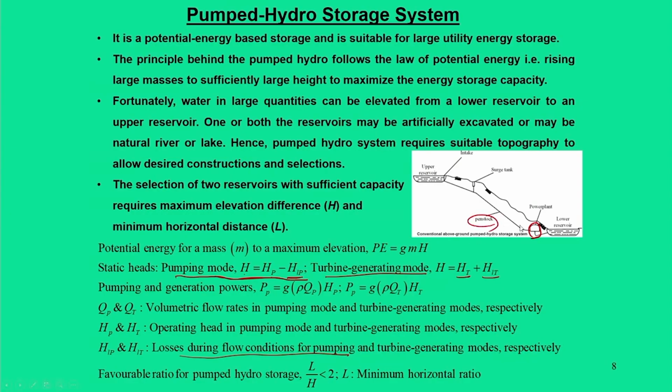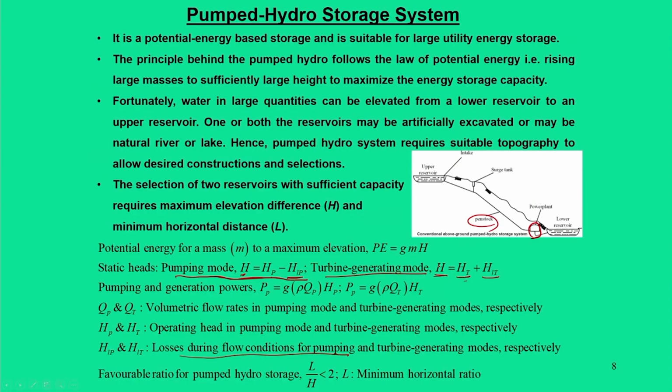During pumping mode, the height travelled by the water is H, and during turbine mode the same height is there, but the heads are different. That means losses during pumping mode and losses during turbine mode can be different.